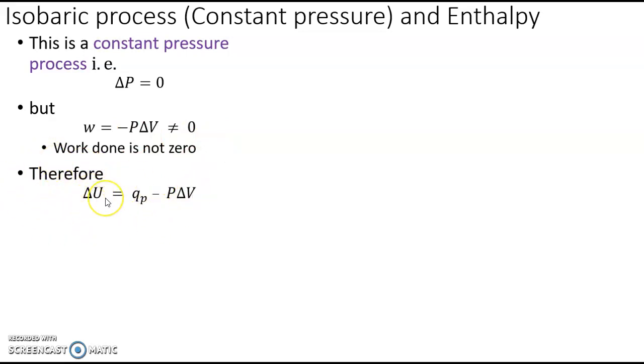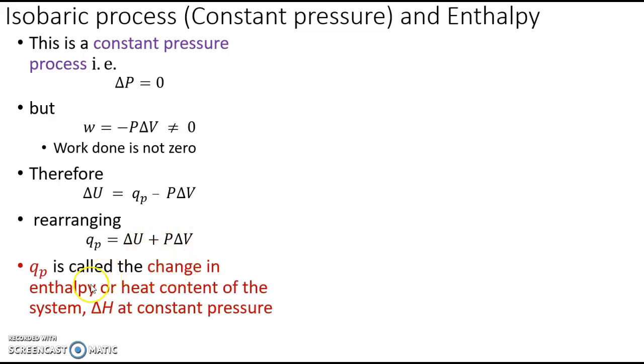Therefore, our delta U from the first law for a closed system is equal to Q minus P delta V. If we rearrange this equation, we arrive at QP equals delta U plus P delta V. In chemical processes, because most chemical reactions take place at constant pressure, QP is called the change in enthalpy of the system.